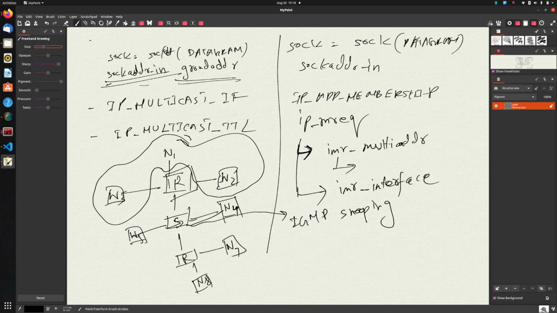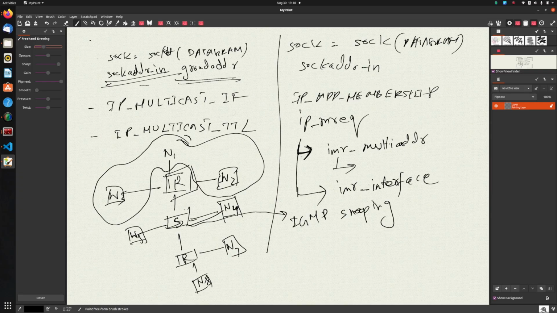If the router receives any kind of such IGMP protocol related request, this switch will use IGMP snooping to snoop that information, so that it also knows the multicast group address to which N1, N3, and N2 are subscribed. That way the switch can also be a part of the multicast routing.